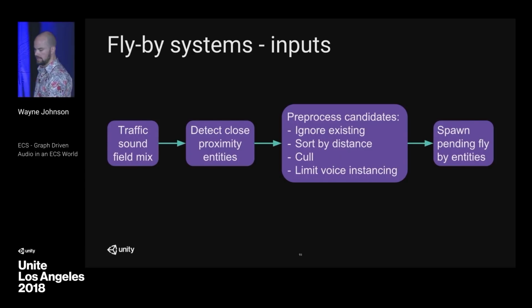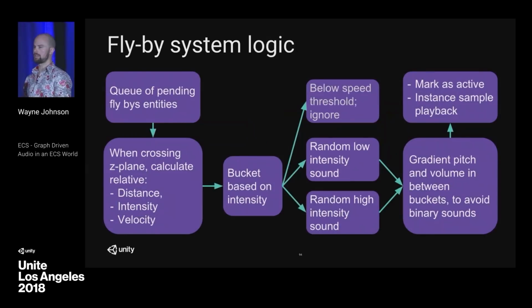And that entity was then picked up by the specific flyby component system. The component system would then do additional calculations in terms of relative velocities and intensities from the flybys. So different cars had different intensities. The small little cars had a weaker intensity compared to flying by some of those big carrier units.